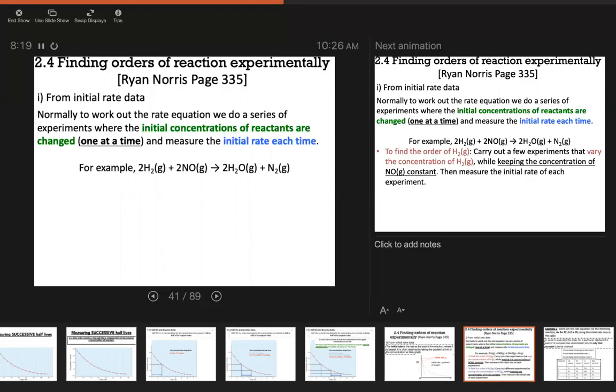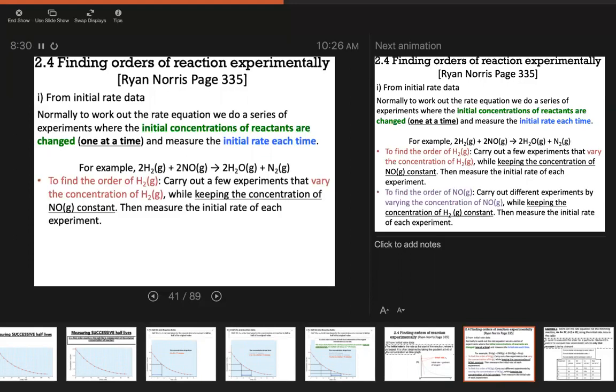So if we want to find the order of hydrogen, that means you want to know how changing the concentration of hydrogen will affect the rate. To find the order of hydrogen, you have to carry out a few experiments that vary the concentration of hydrogen only.